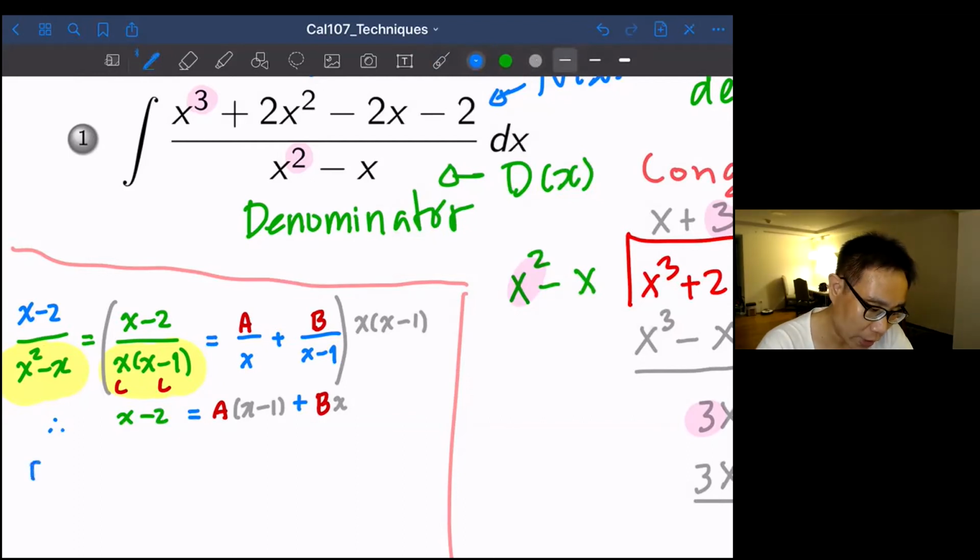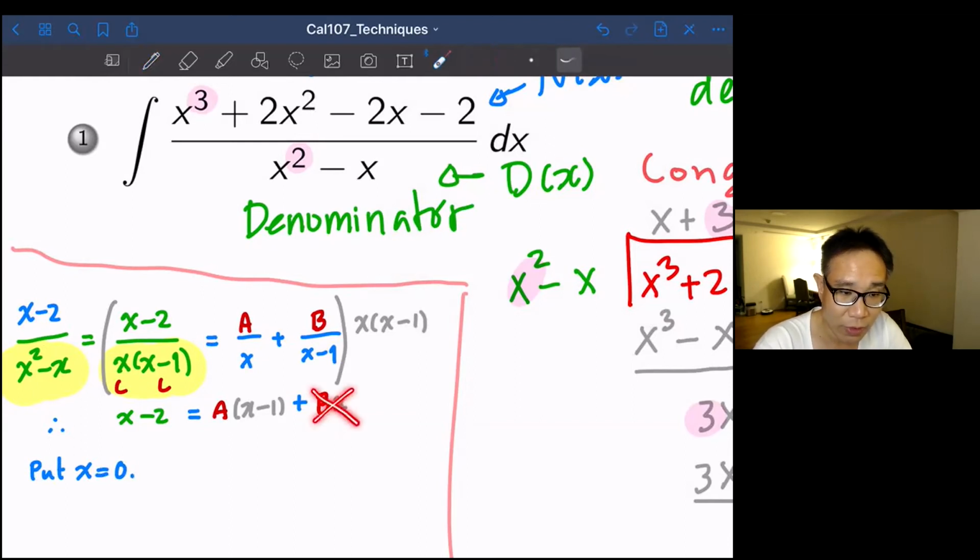In this case, we put x equal to 0. When x equals 0, this term disappears, so this will allow you to solve for a.